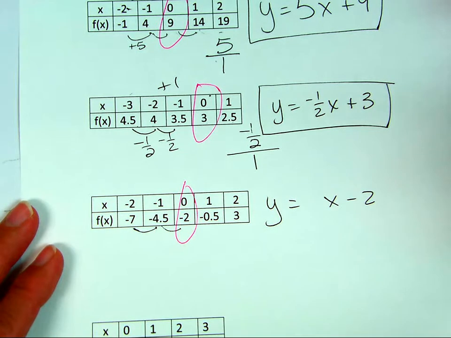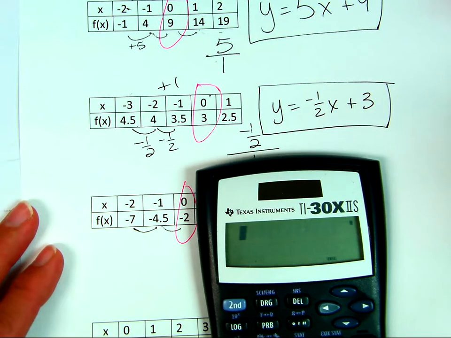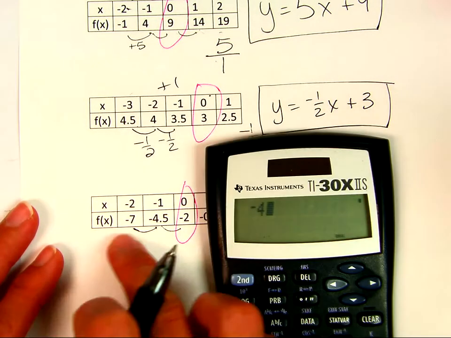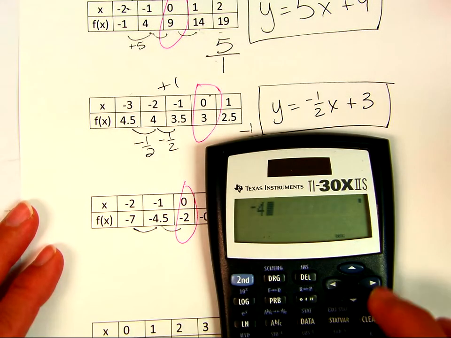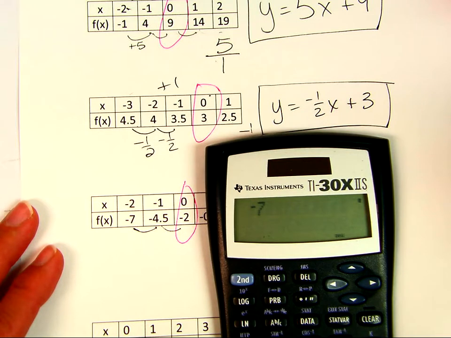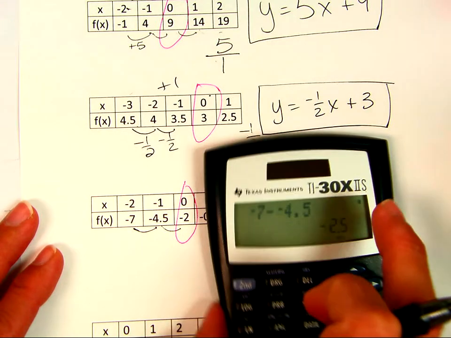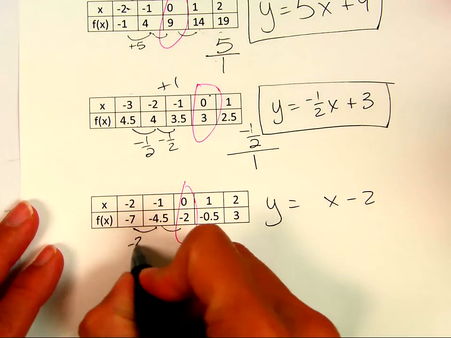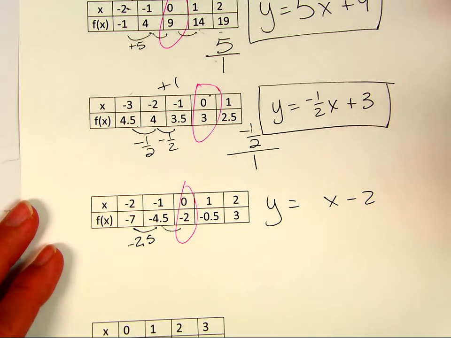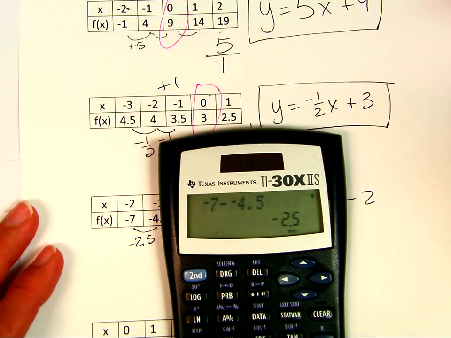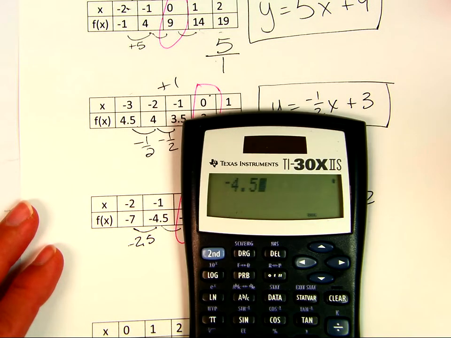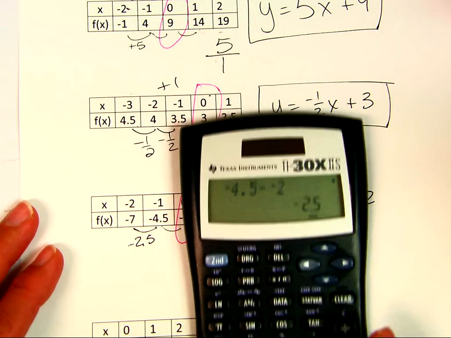If you're worried about decimals, you can subtract them: -7 minus -4.5 is -2.5 here, and then you can always test it again: -4.5 minus -2 is -2.5.